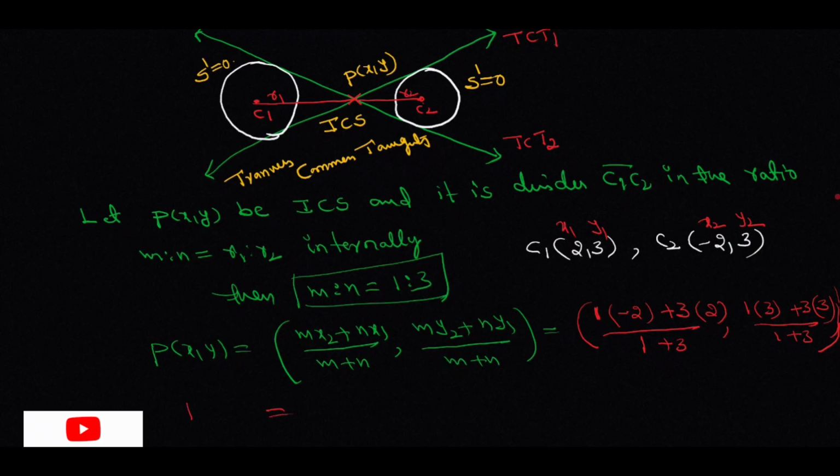Simplifying the above values, we get (1, 9 by 2), the internal center of similitude, ICS.